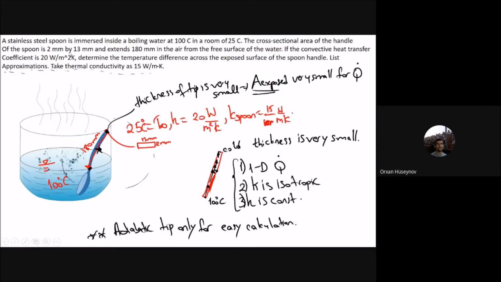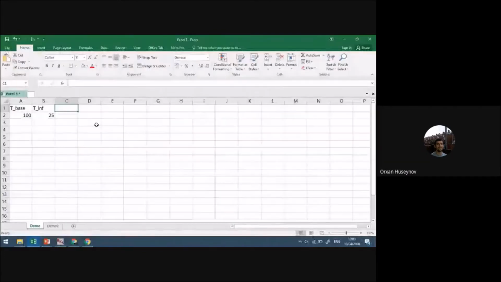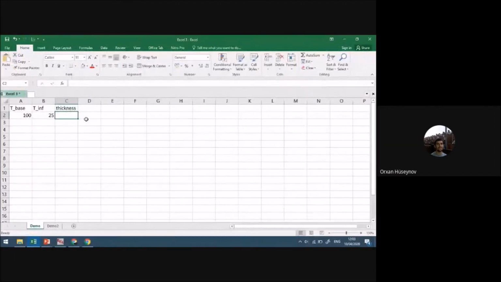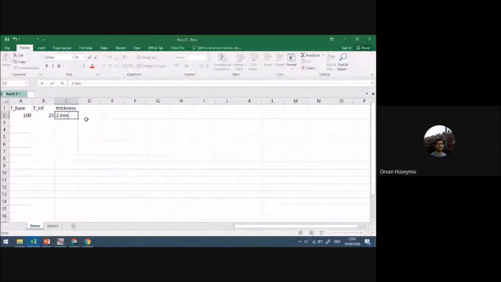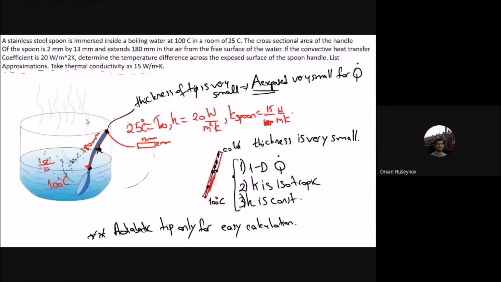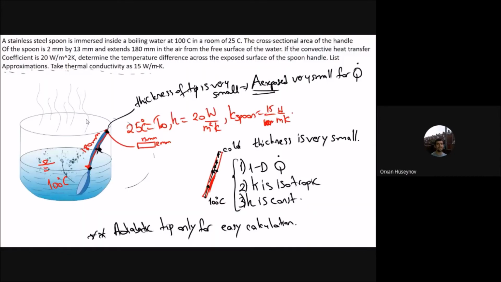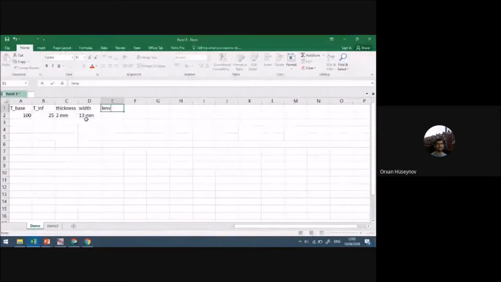Then you will have the cross-sectional values, so we will write thickness is 2 millimeters, width is 30 millimeters, and the length is 180 millimeters.